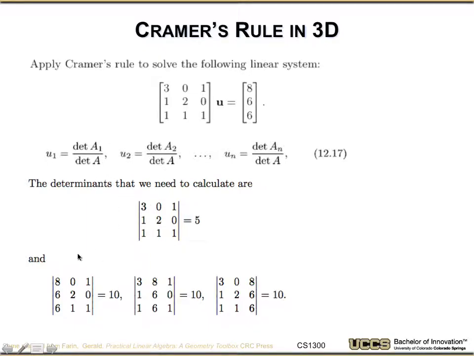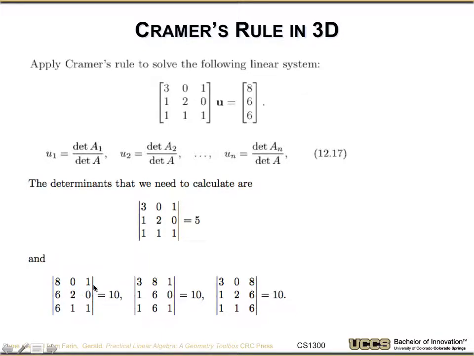For these other matrices, so here we can see for A1, we replaced the 3, 1, 1 with 8, 6, 6 and leave the rest of the matrix alone, so we get 8, 6, 6, 0, 2, 1, 1, 0, 1. Sorry, I was reading the columns. So now when I go to do my determinant, I'm going to get 8 times 2 is 16 minus 8 times 0, so that's just times 0, plus 0, 0, 0, so that's going to give me 0, minus 0, 6, that's going to be 0.